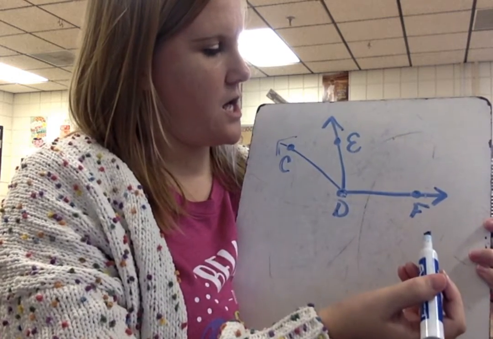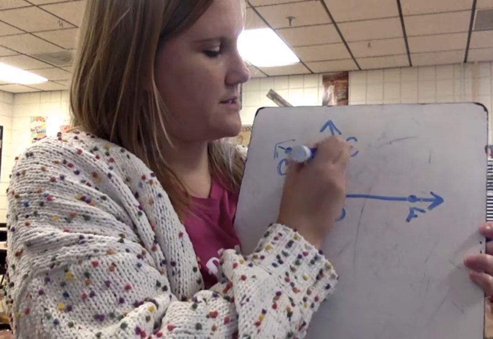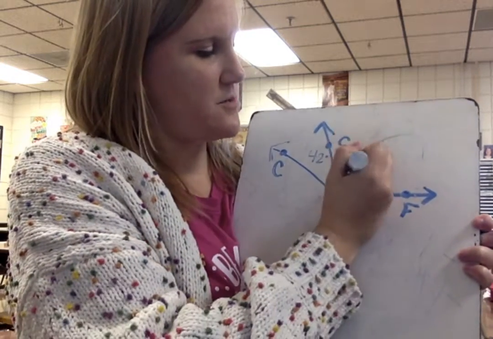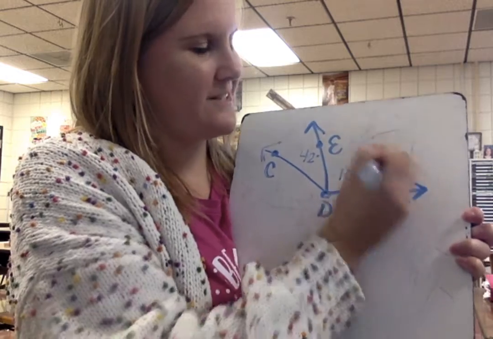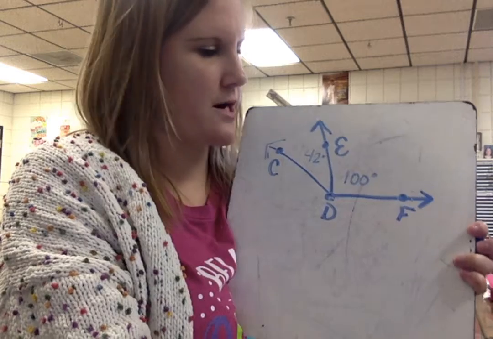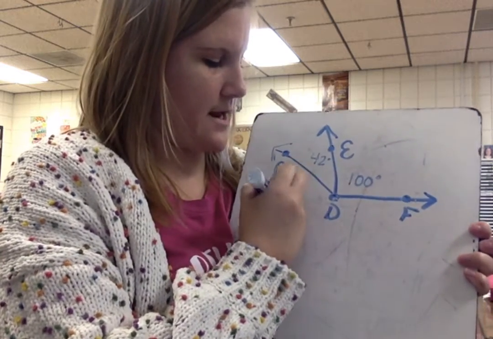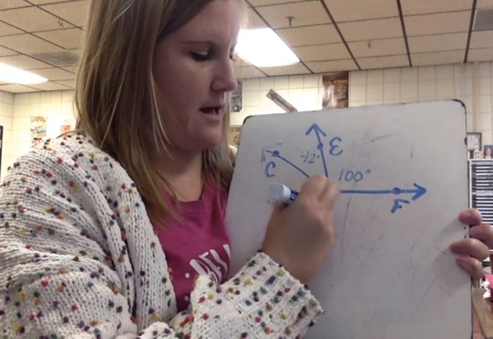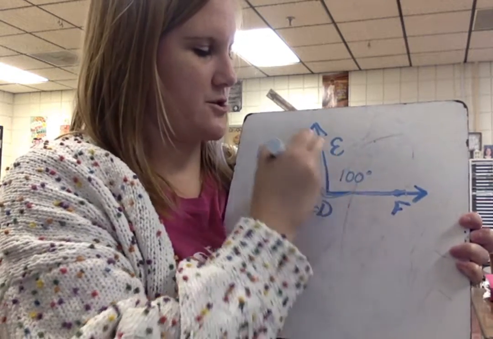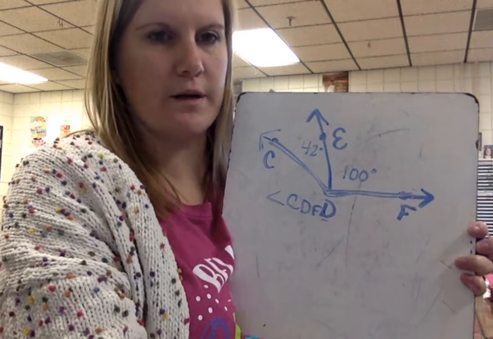I am going to say this measurement looks about like 42 degrees. This measurement's about 100. Now they'll be exact whenever we do these, but I'm just kind of making up numbers right now. And I'm asked, what does angle CDF measure? So I just want to know what CDF measures, what this whole angle is going to measure.